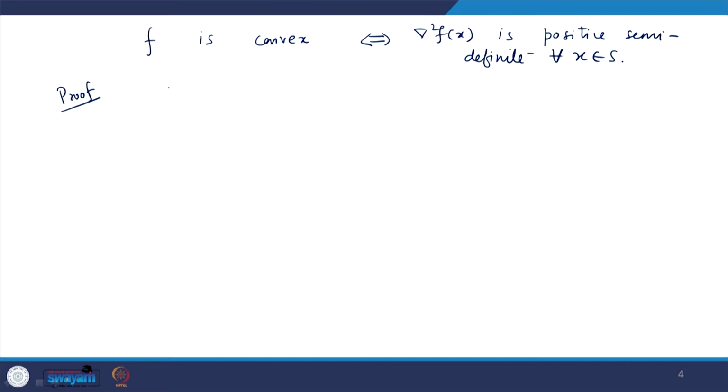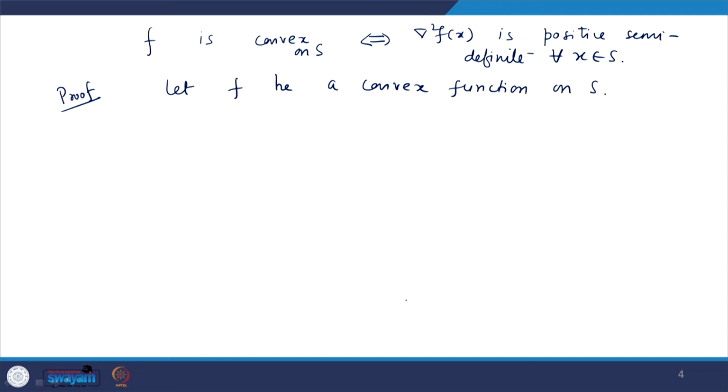So, first let f be a convex function on S. If you want to show that this Hessian matrix is positive semi definite, what we have to show?